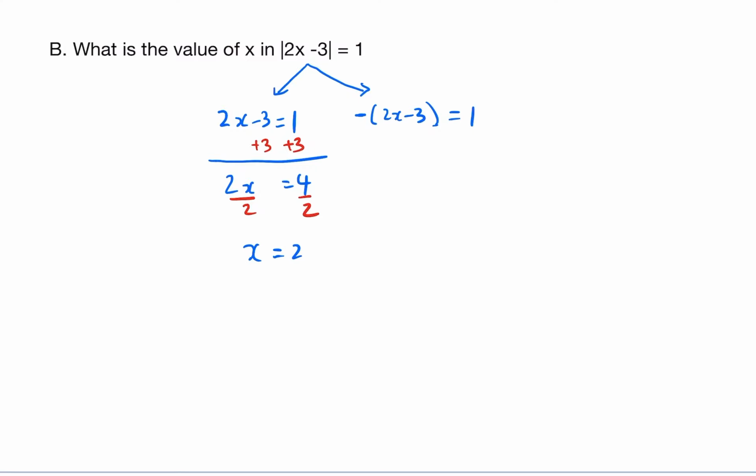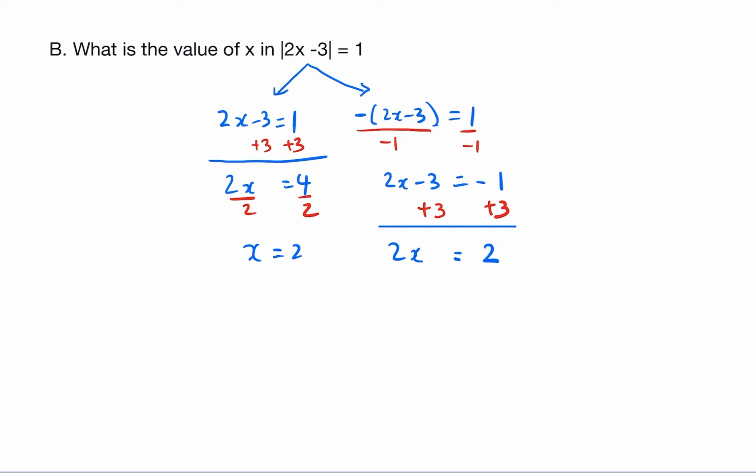Now on the right side, we have another equation. Here we have a negative, so we need to resolve that first, and we can do that by dividing both sides by negative 1. When we do, we get 2x minus 3 equals negative 1. Now we're going to add 3 to both sides, and we get 2x is equal to 2.